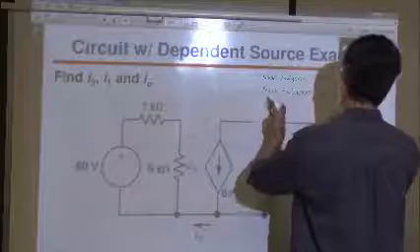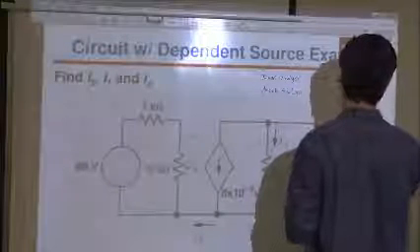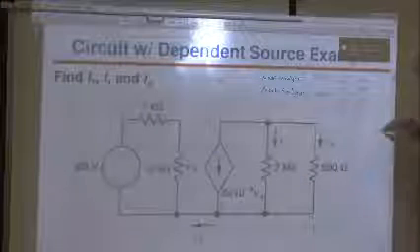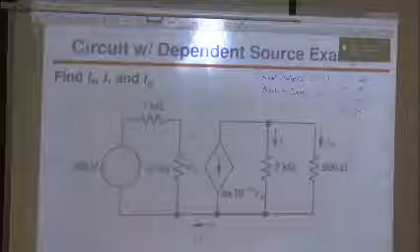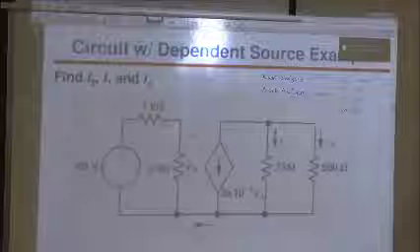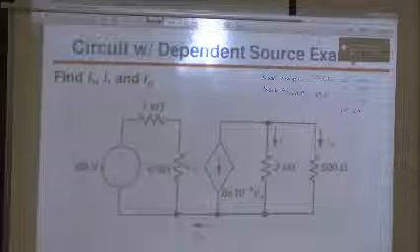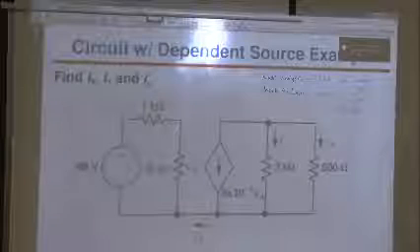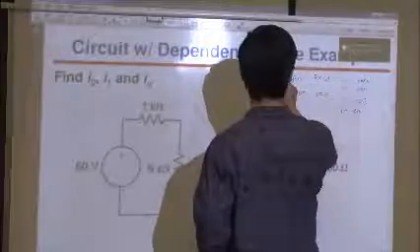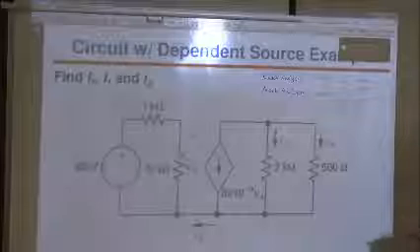For mesh, you have m meshes, then you have m equations. To simplify your work, if you're not sure which one to use, then if the number of nodes is less than the number of meshes, you use nodal analysis. If the number of meshes is less than the number of nodes, use mesh analysis.